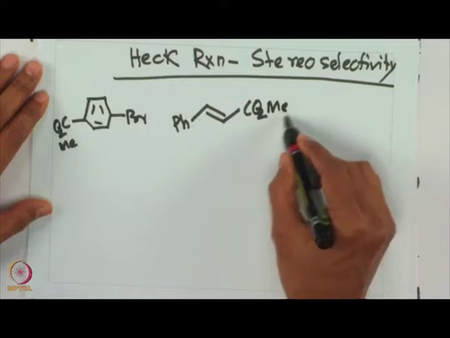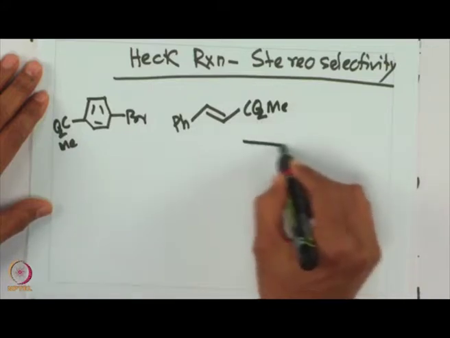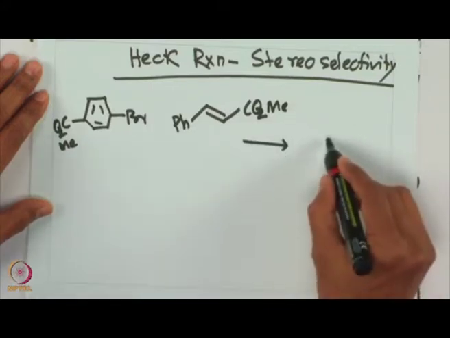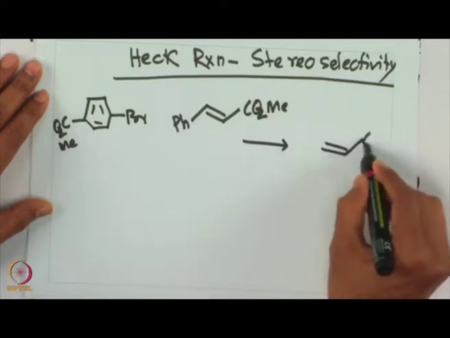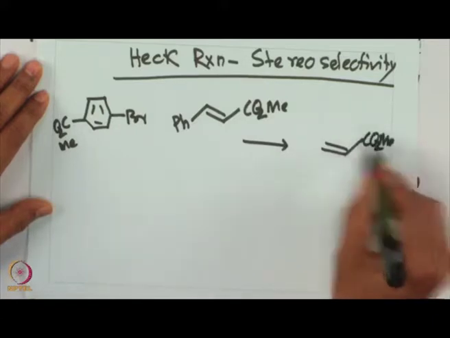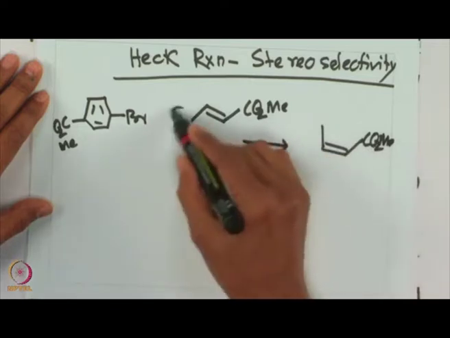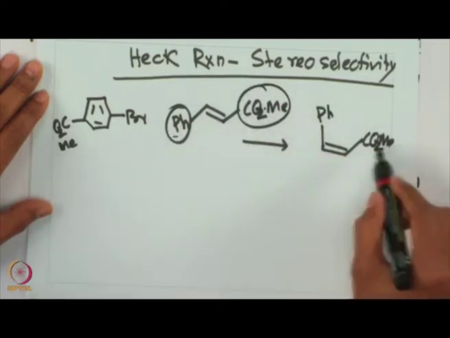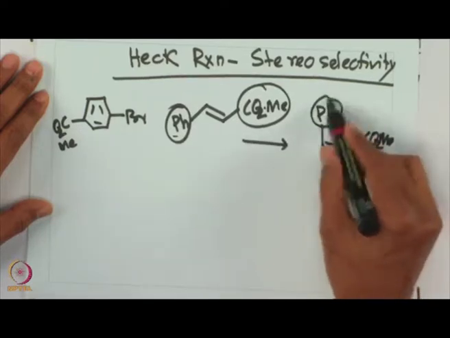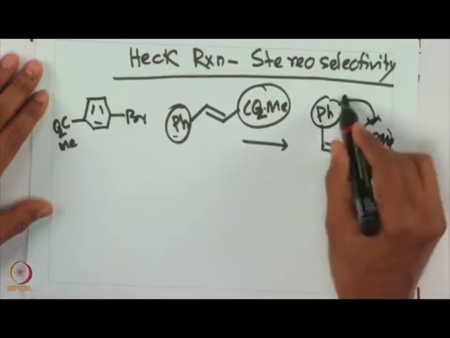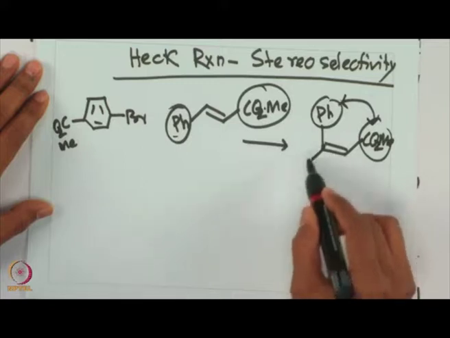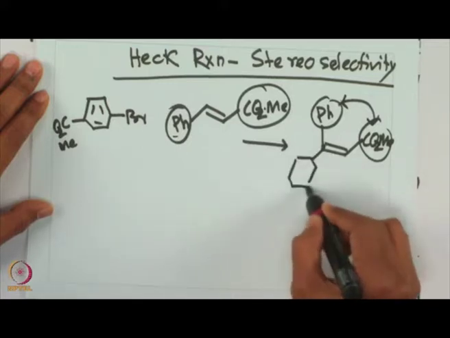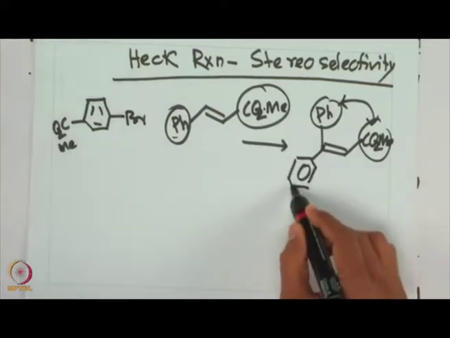Now, what would be the product formation from this reaction? Well, I think by now you should be able to predict it. CO2Me on this side, the phenyl substituent will be on the same side. Phenyl and CO2Me were opposite to each other, now they should be on the same side, and then your aryl group should come into the picture for this sort of reaction.